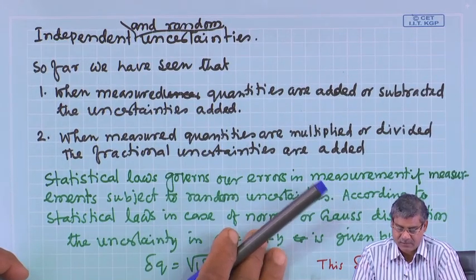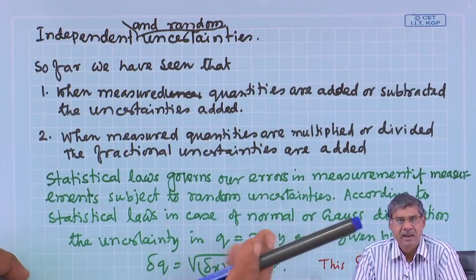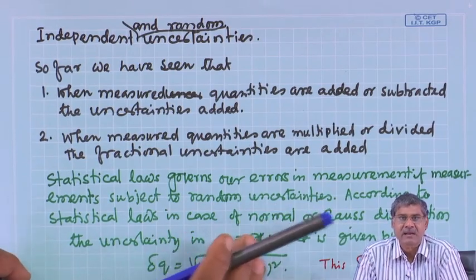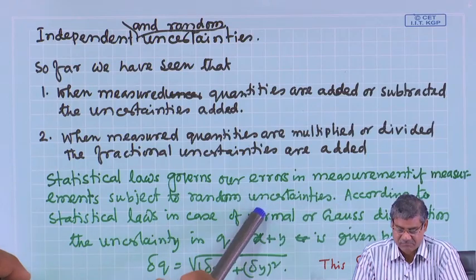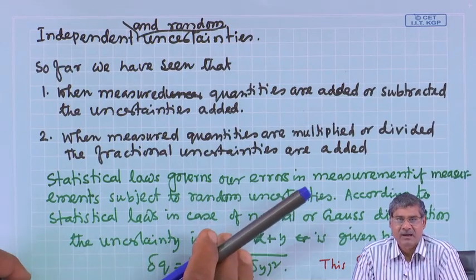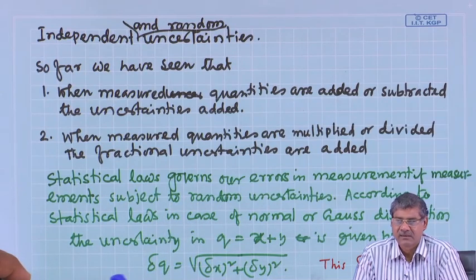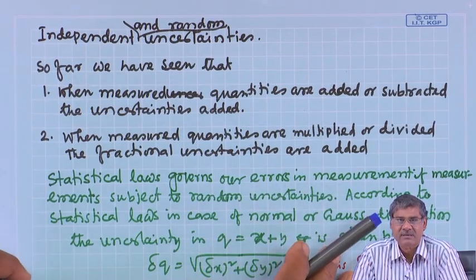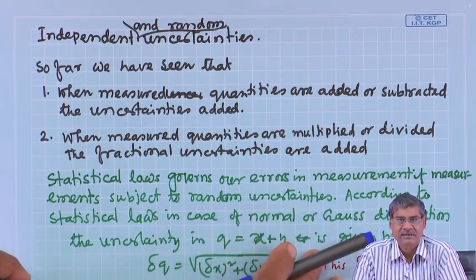Okay. So, now if the measured parameters are independent and random, in that case statistical laws govern, and we can modify the error that we have seen so far. So, that is the discussion we will do.